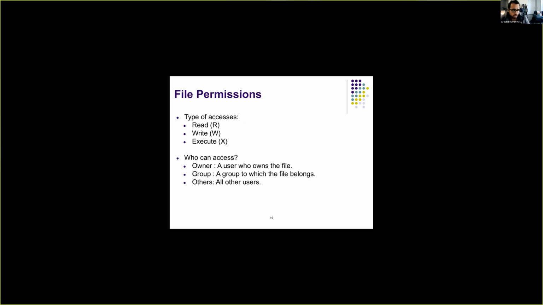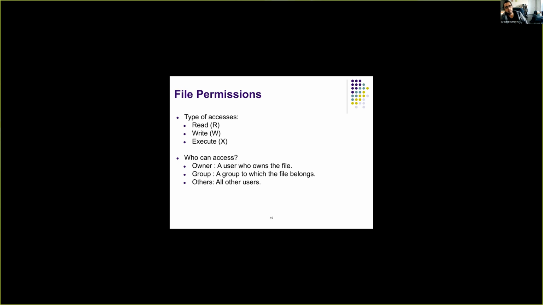Another thing that is important for each file is file permissions. These indicate how a file can be accessed by the user or by various other entities. What are the types of accesses that we can do on a file? We can either read a file, write a file, or execute a file. And who can access a file? Either the owner, the user who created the file, or the group to which the file belongs.